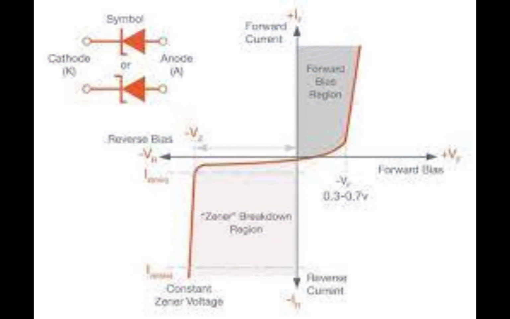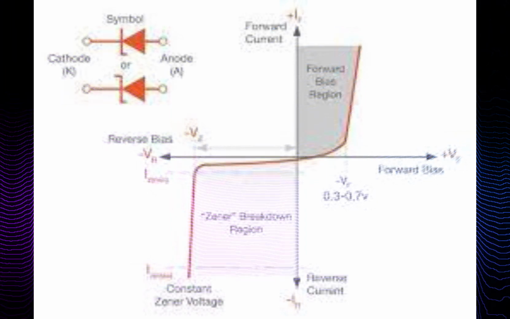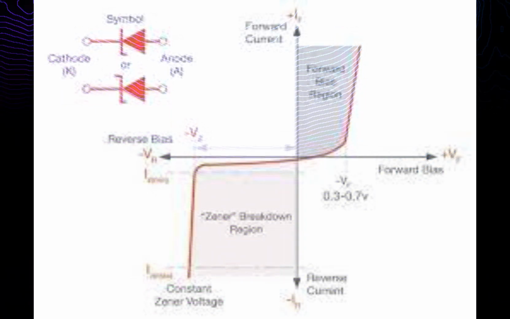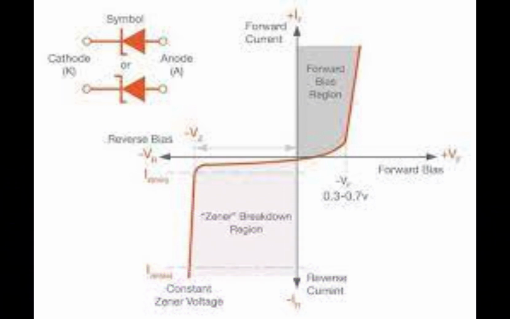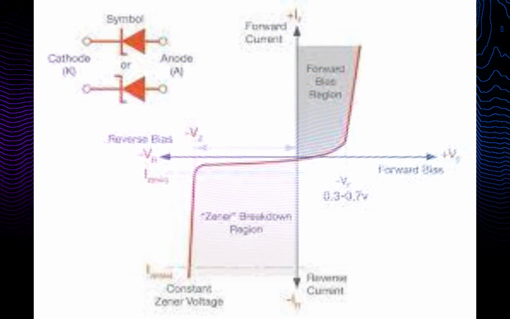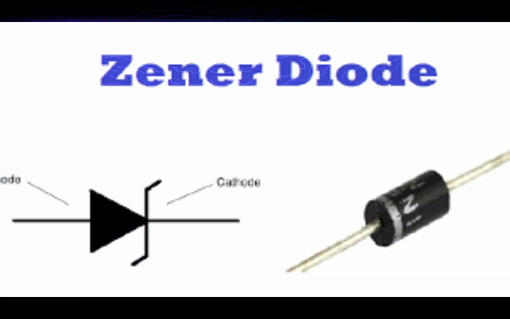The cathode is typically connected to the positive voltage. The Zener diode will not conduct electricity from cathode to anode until the breakdown voltage is reached. The anode is typically connected to ground.